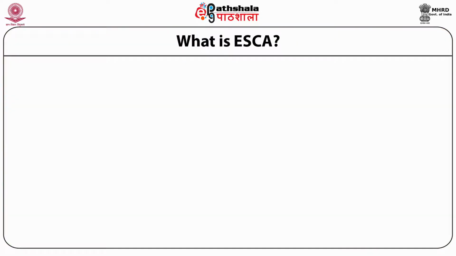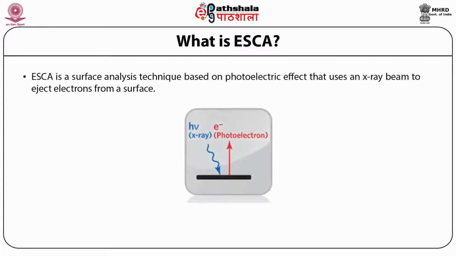What is ESCA? To answer that, ESCA is a surface analysis technique, or the other way we can put it, a surface analytical technique which is based on the photoelectric effect that uses an X-ray beam to eject electrons from a surface. It has been shown in the diagram here that there is a surface indicated by a black line. An incident ray hits this, which is X-ray, with energy equivalent to h nu.